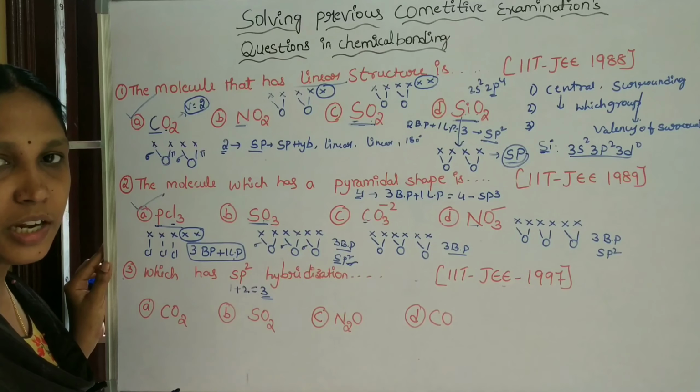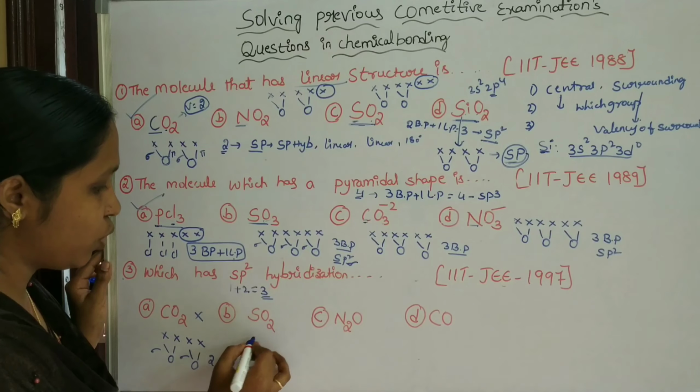See the molecule CO2. Here carbon belongs to the 4th A group, so 4 electrons. Each oxygen combines with 2 electrons. It forms only 2 sigma bonds, meaning only 2 bonded pairs. 2 bonded pairs means one s and one p, sp hybridized, not sp2.